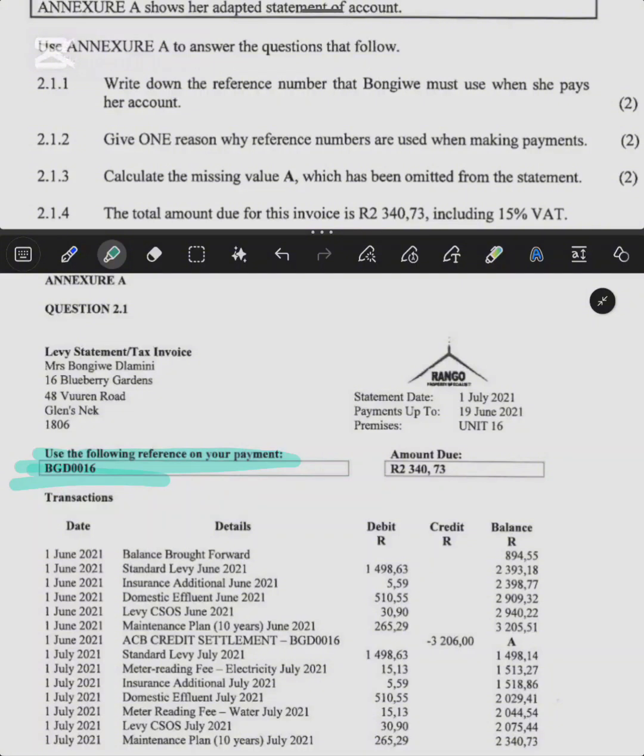The next question is asking you give one reason why reference numbers are used when making a payment. Well, as a general knowledge thing, it's got to do with that it's easy for the company to look up the invoice that you are referring to. It's easy for the clients to trace your transaction.